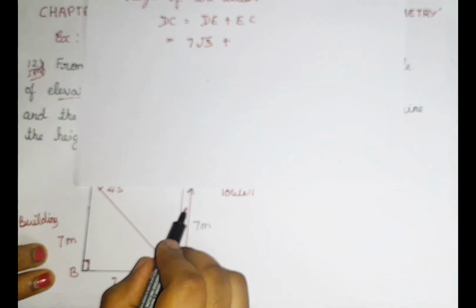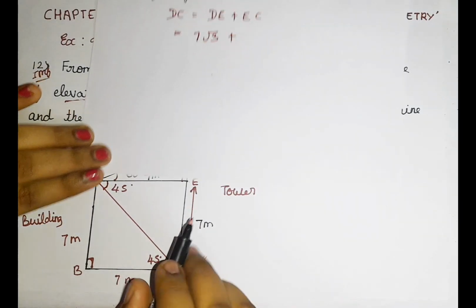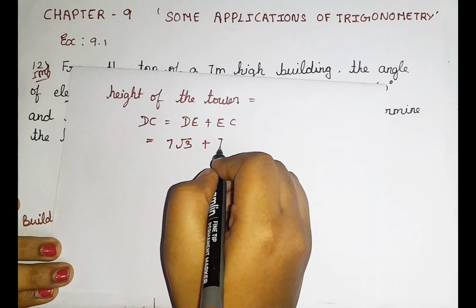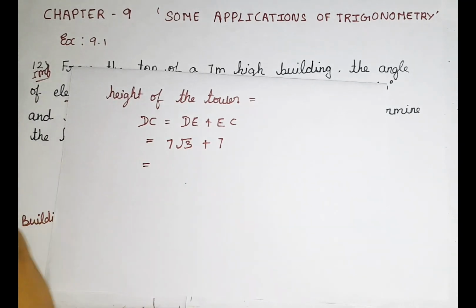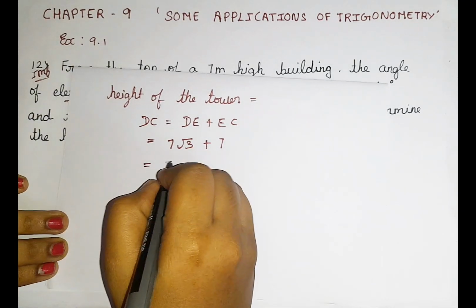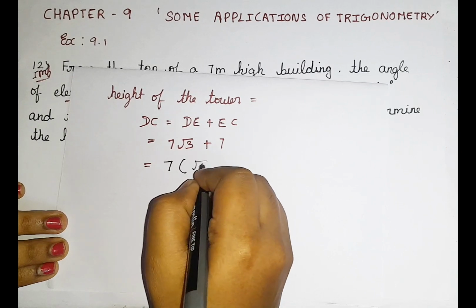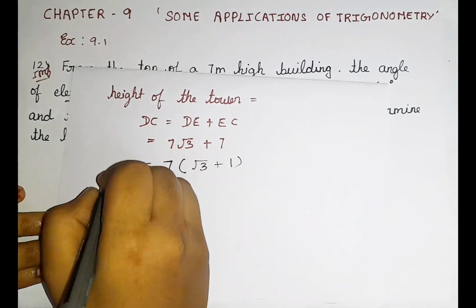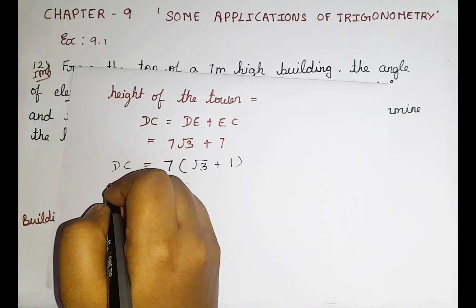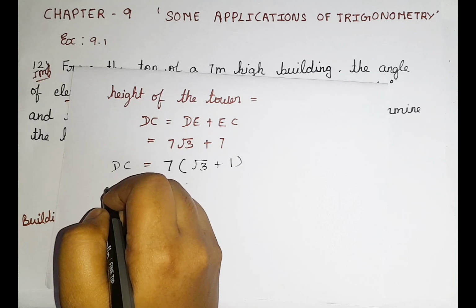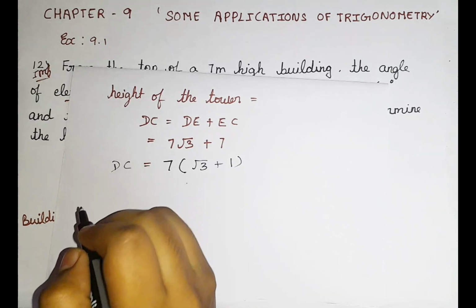What is the EC value? EC is 7 meter. So now we can take 7 as common. When we take 7 as common, we get this value. This is going to be your answer.